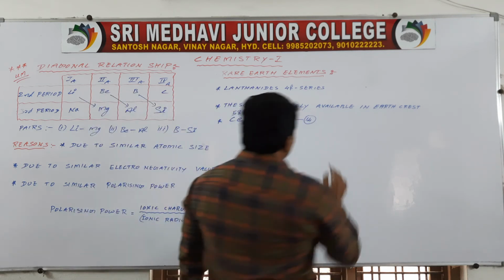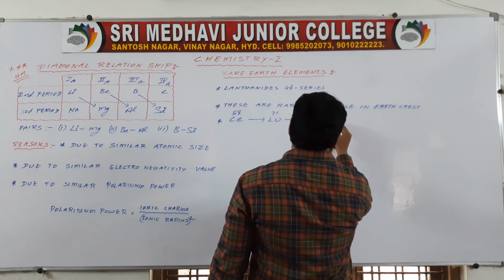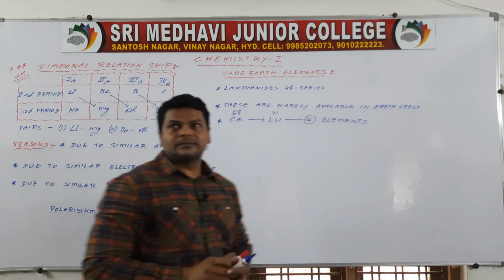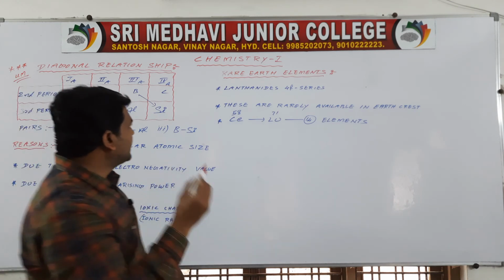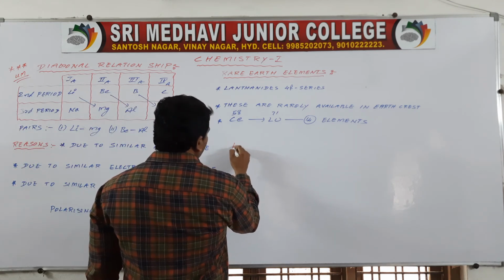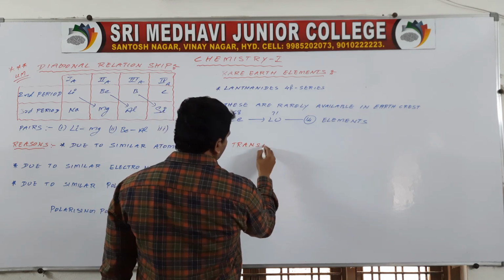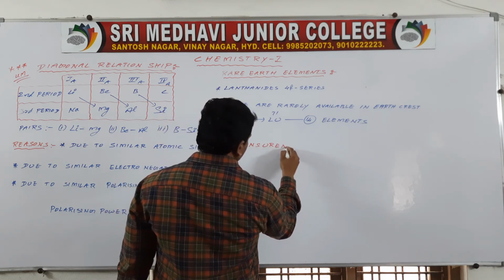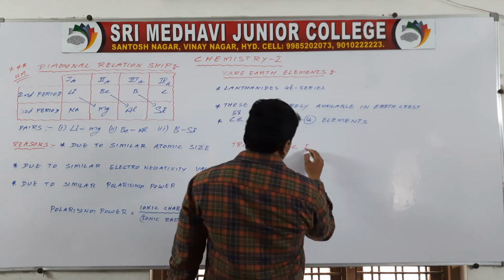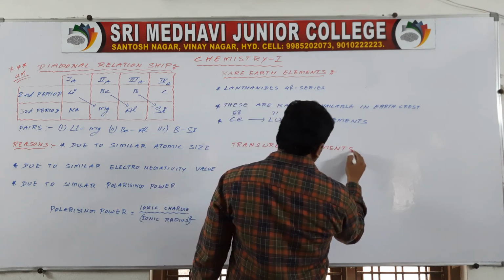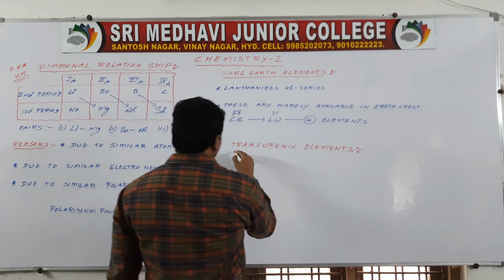These 14 elements are called rare earth elements. Okay, then you have to know one more: transuranic elements.